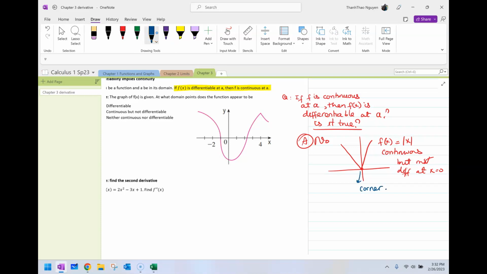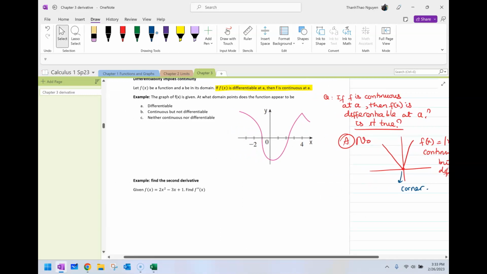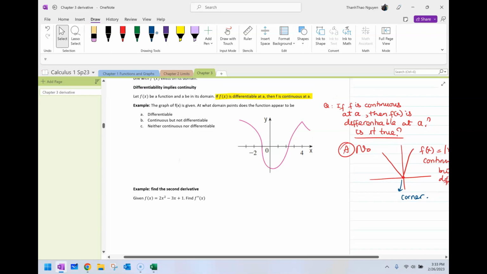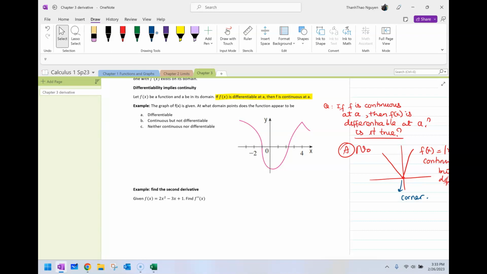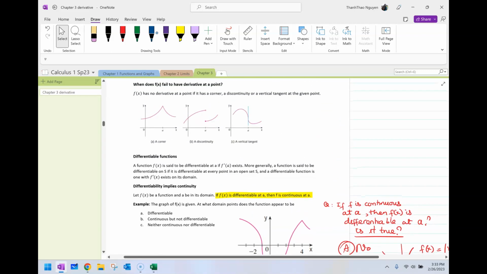So let's take a look at this example. The graph of f of x is given. At what domain points does the function appear to be differentiable? Well, the function is differentiable when it has the derivative, right?